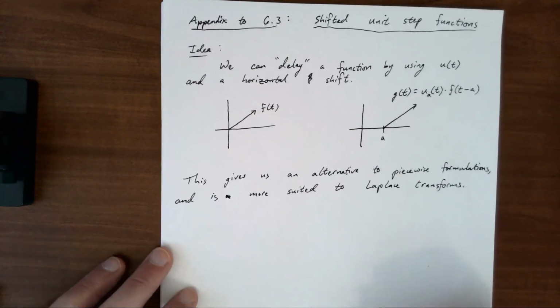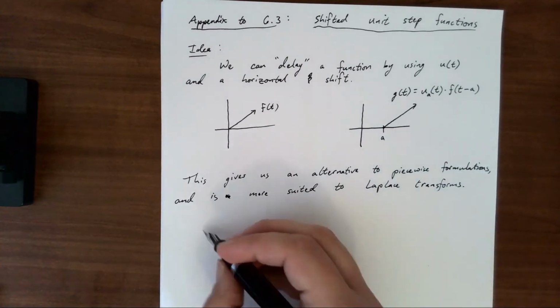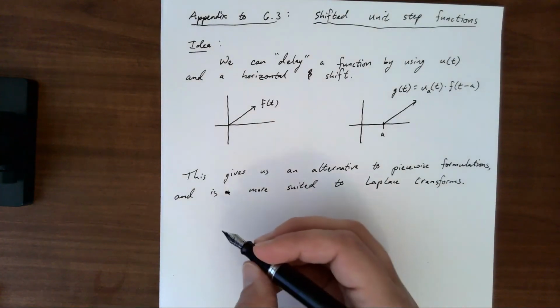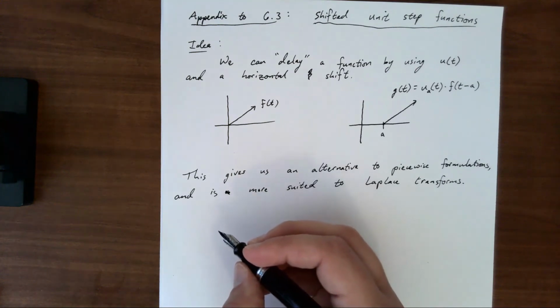So the reason why it's more suited for Laplace transforms is that there is actually a relatively simple adjustment that you can do to a Laplace transform to incorporate this shift.